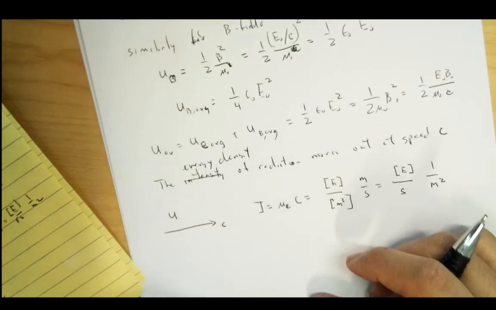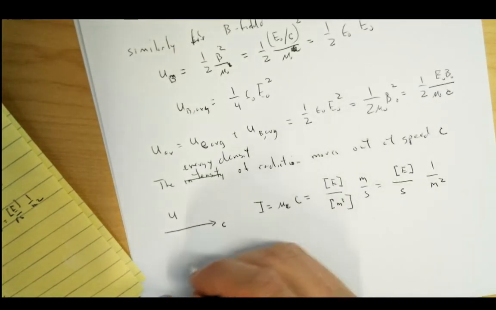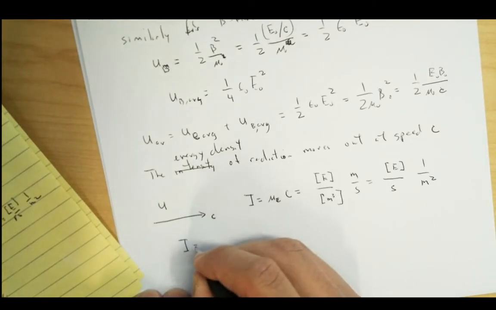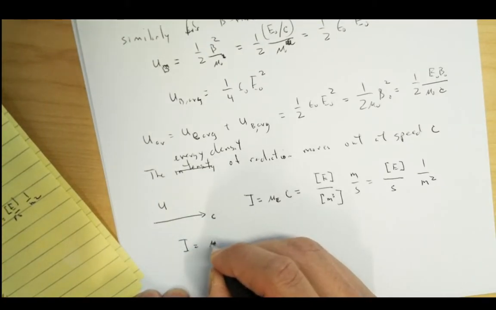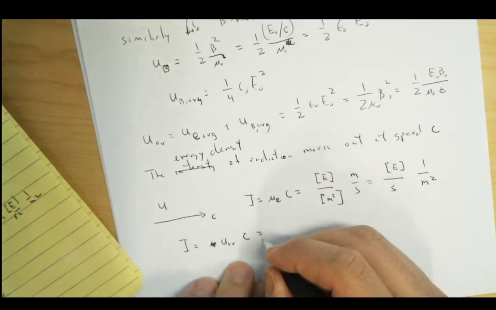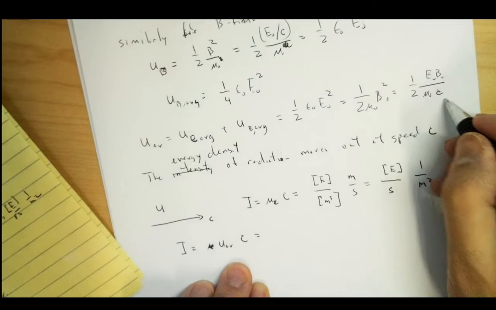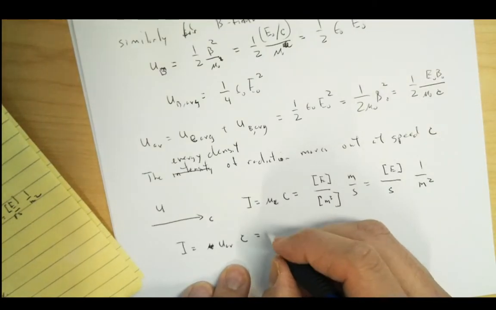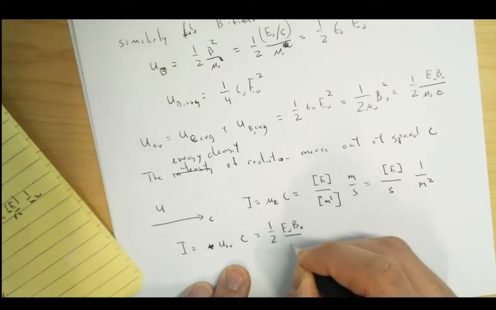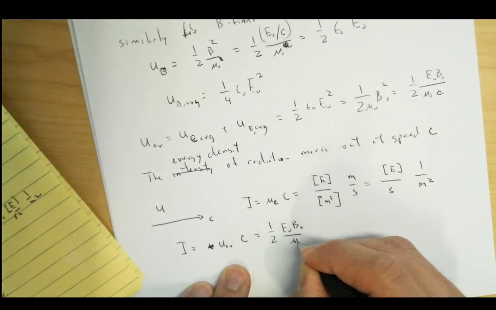Now I can write I is equal to U average times c, which, taking this piece up here, is just 1/2 E0 B0 over mu 0.